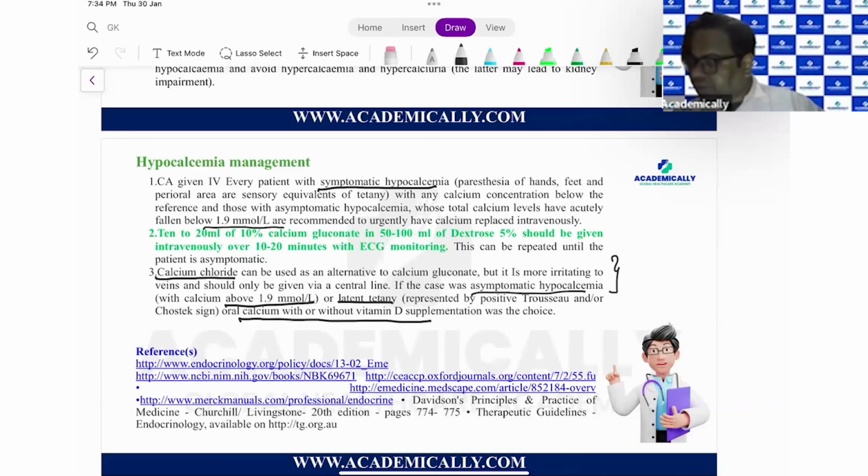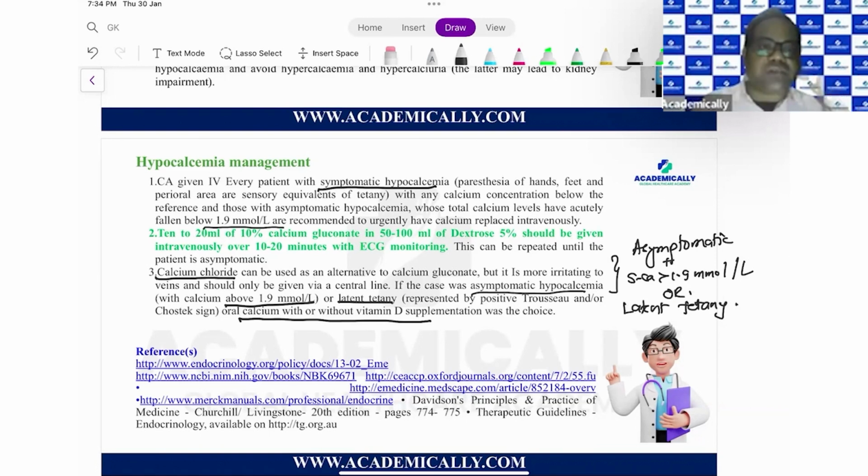So when will you not give IV? When the patient is asymptomatic plus serum calcium is more than 1.9 millimoles per liter, or latent tetany. That means the patient is not presenting, but you try to find out whether there is tetany and find mild twitching. That is the time when you will give oral.